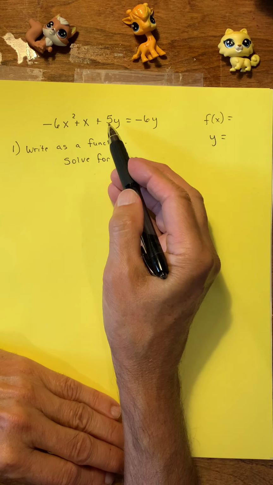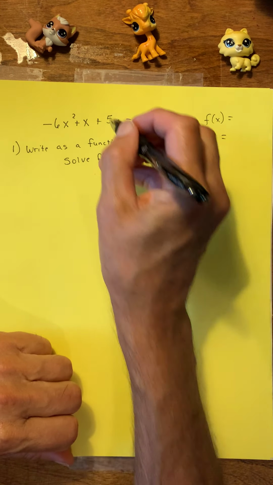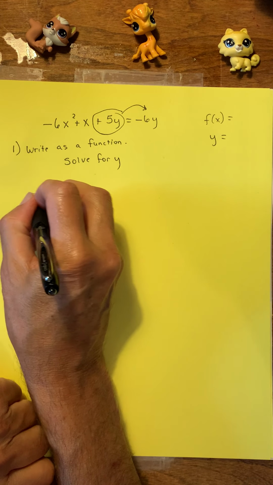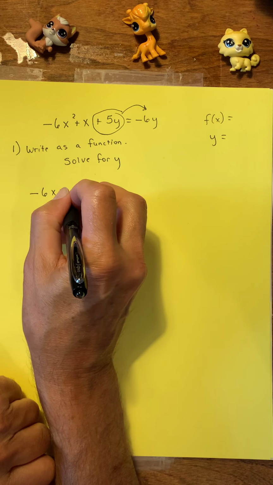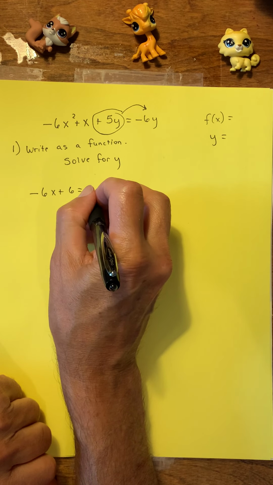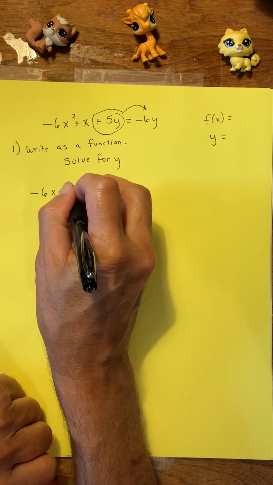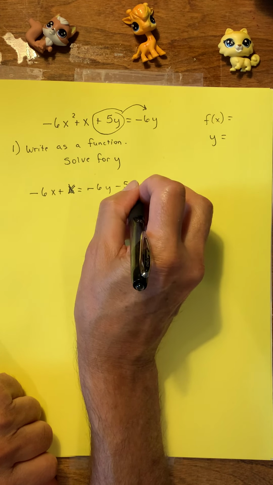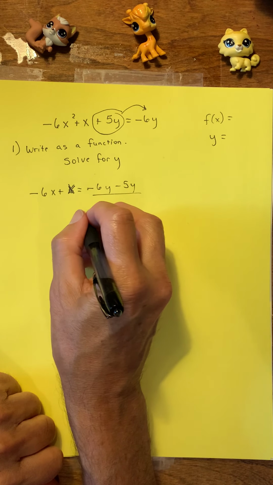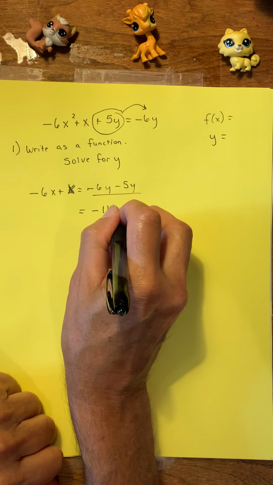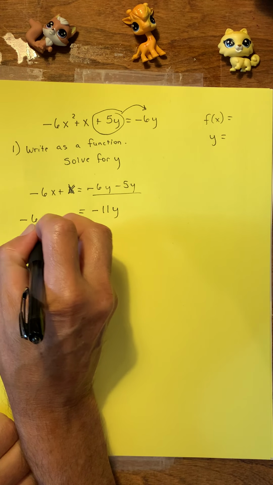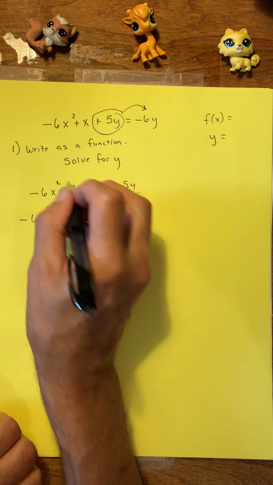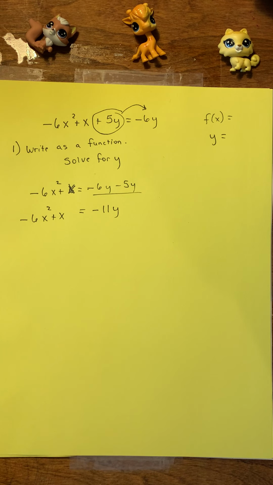All right, so let's get all my y's on one side. So I get negative 6x squared plus 6x equals negative 6y minus 5y. Combine like terms. It's negative 6x squared plus x equals negative 11y.